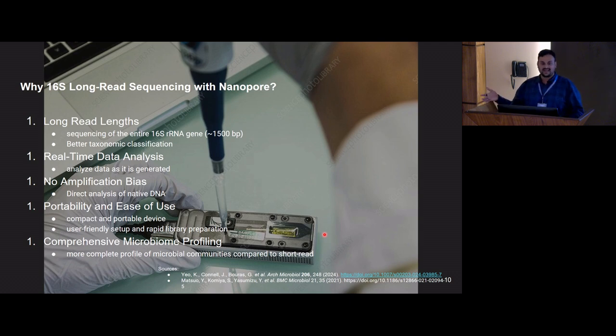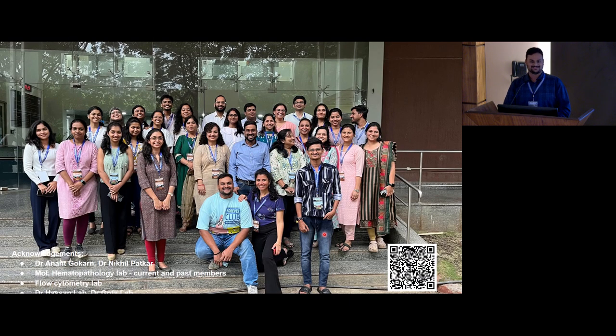So that is the added advantage of Nanopore long read sequencing as opposed to the Illumina V3, V4 gold standard method that is out there. Hence giving us a comprehensive microbiome profile of any sample that you wish to. That is pretty much it.